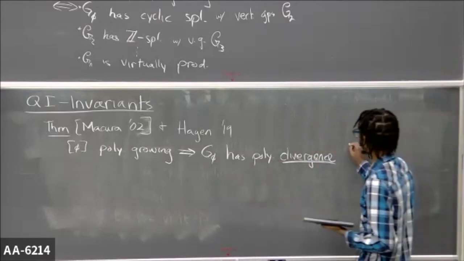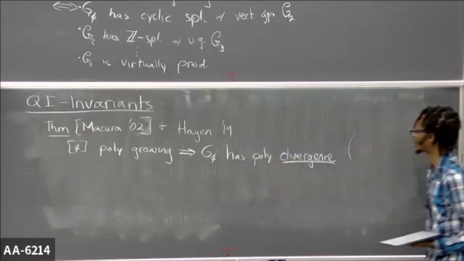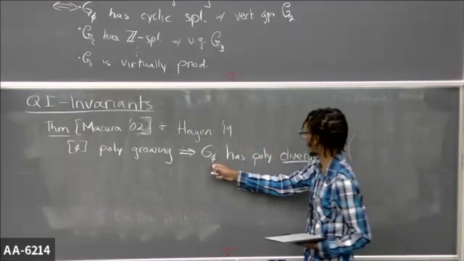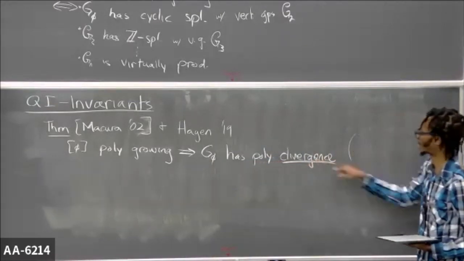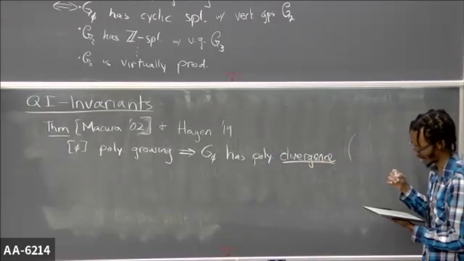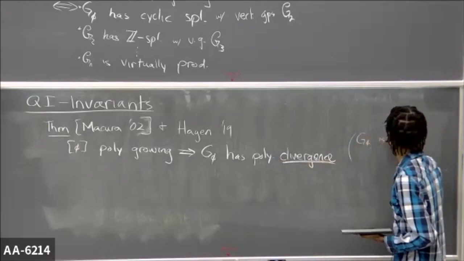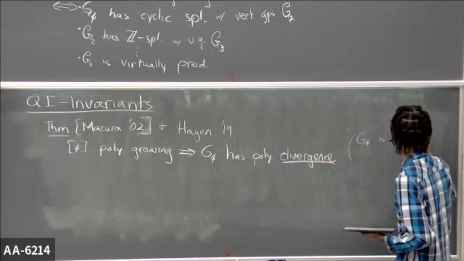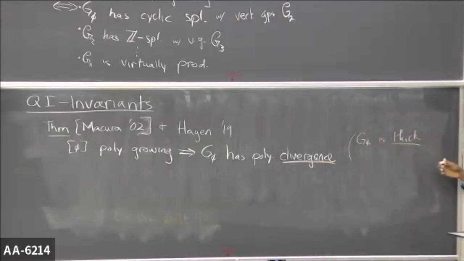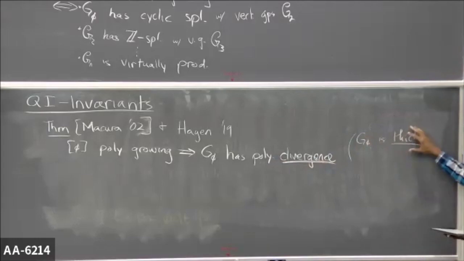And so I mentioned Hagen has a recent paper where he replaces talking about divergence with a notion of metric thickness. So G phi is thick. Again, this is a notion that's mainly trying to capture how much it feels to be relatively hyperbolic.